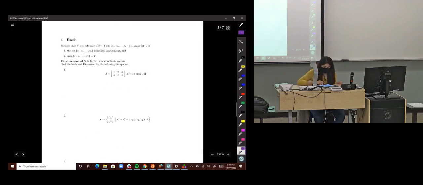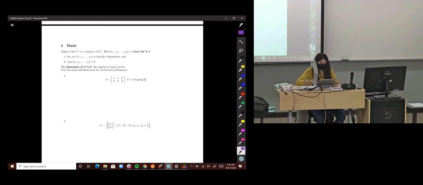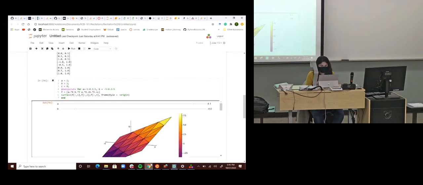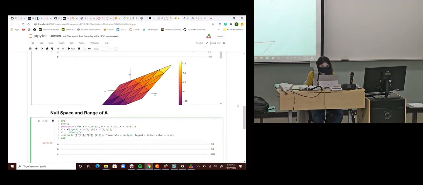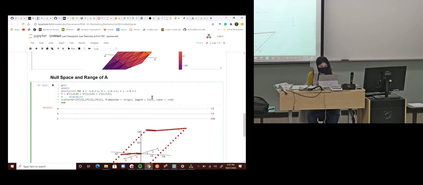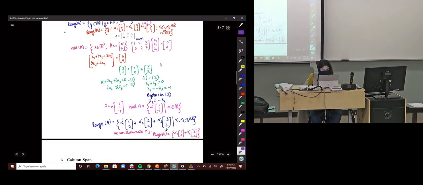In fact, before we move on, we can look at what it means when we talk about all these spans in Julia. So null space and range. This is the first example that we had in here.